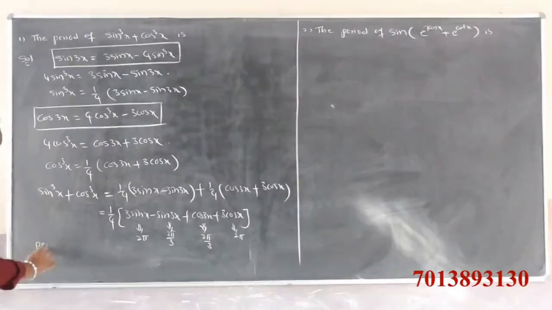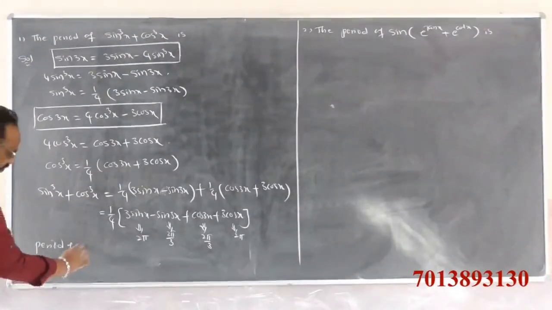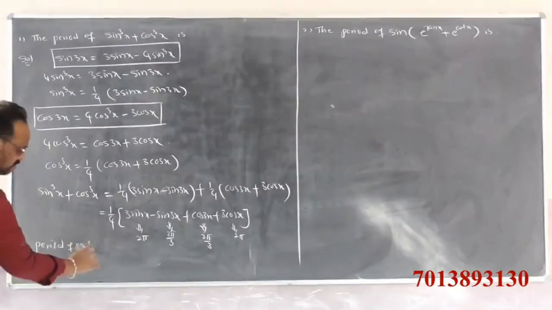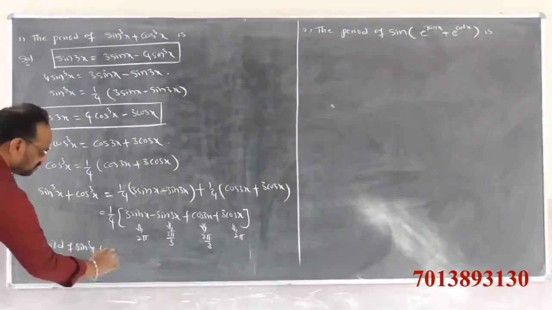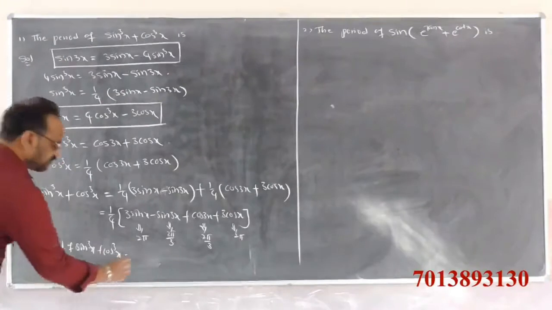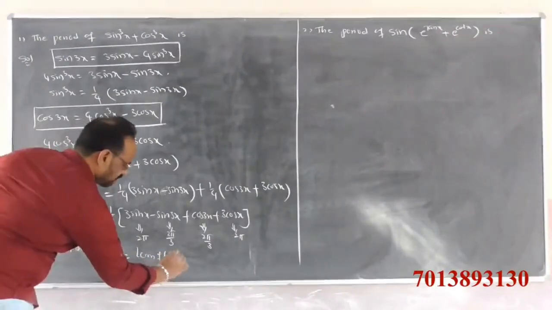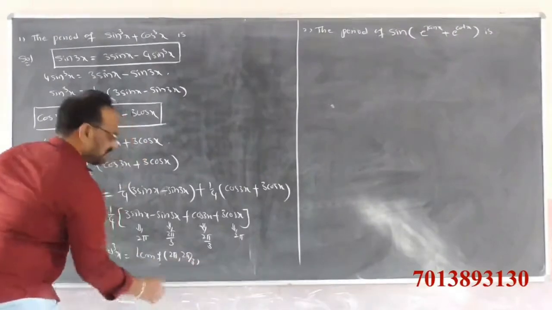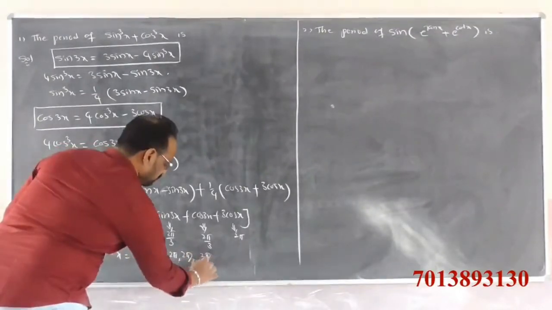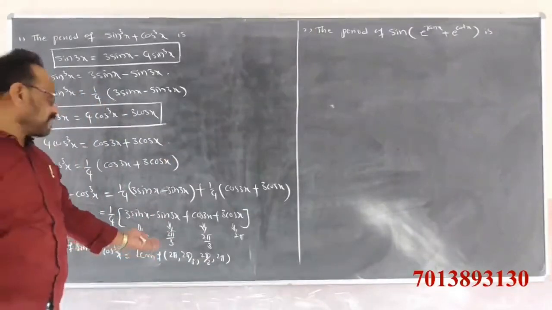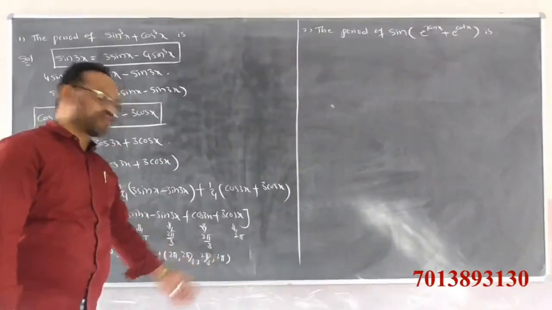Period of sin cube x plus cos cube x is equal to LCM of 2 pi, 2 pi by 3, 2 pi by 3, 2 pi.